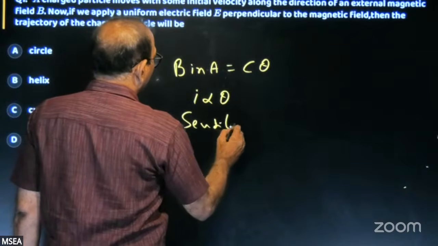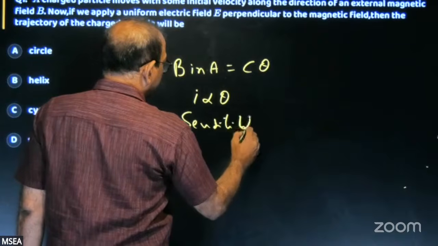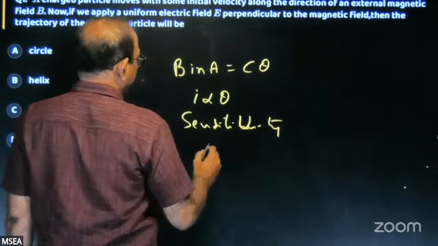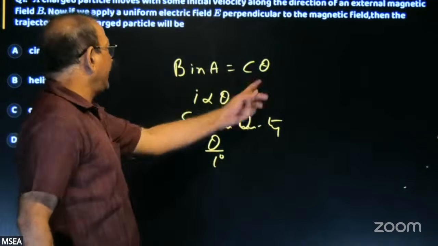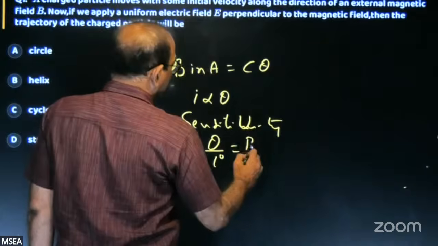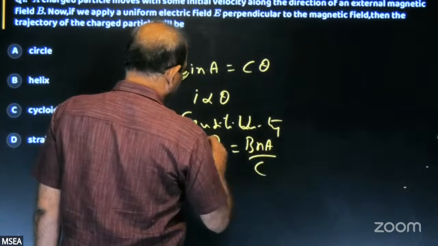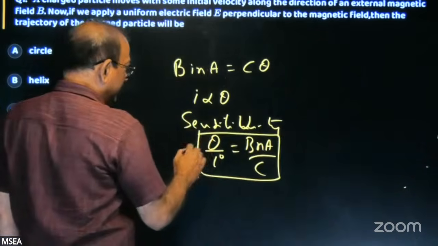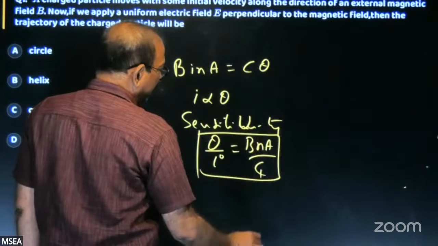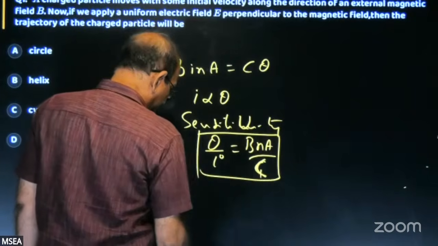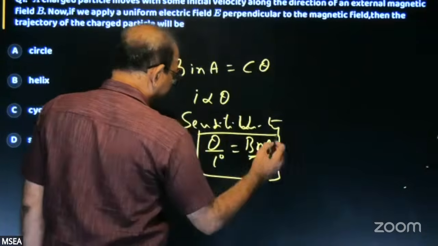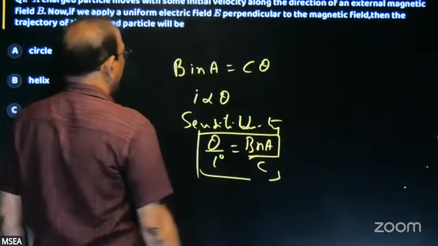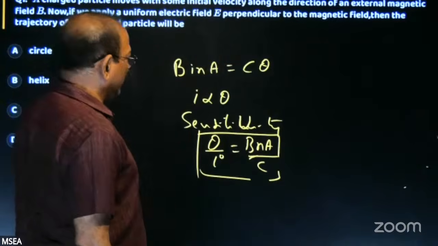Sensitivity of a galvanometer is deflection per unit current, theta by I, which is BNA by C. You can increase sensitivity by decreasing C, the restoring torque per unit twist, and by increasing the number of turns.